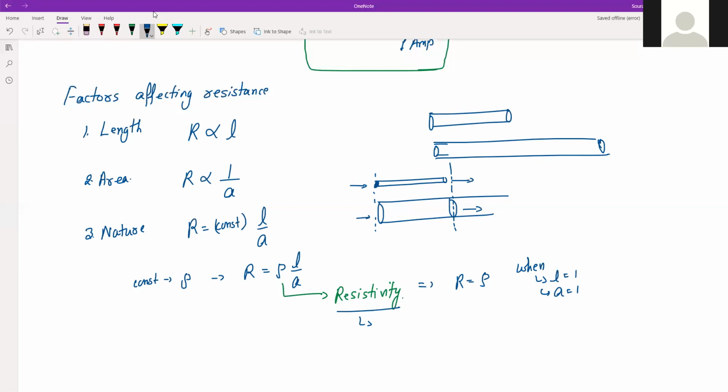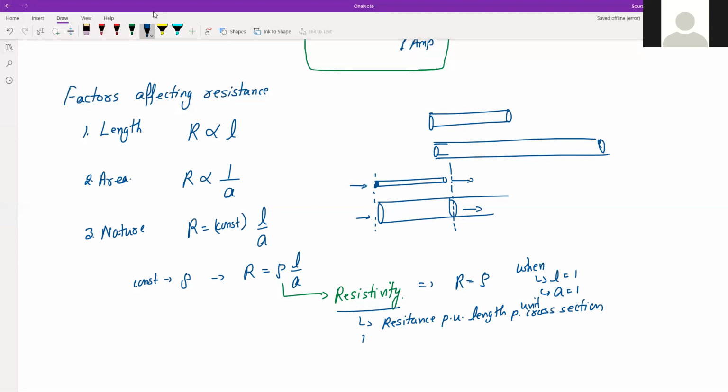Resistivity is the resistance per unit length per unit cross section.